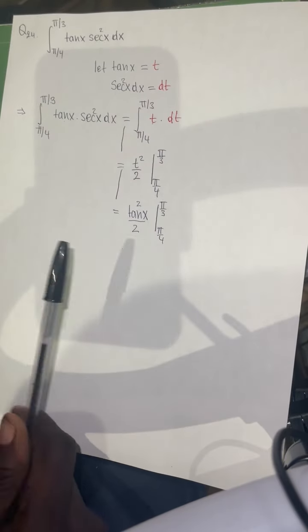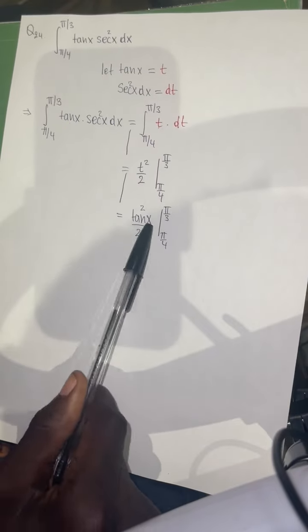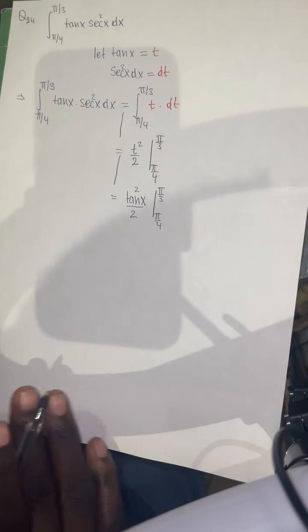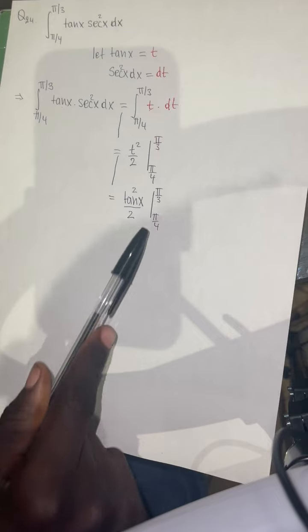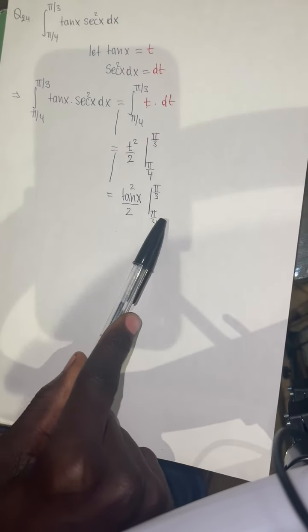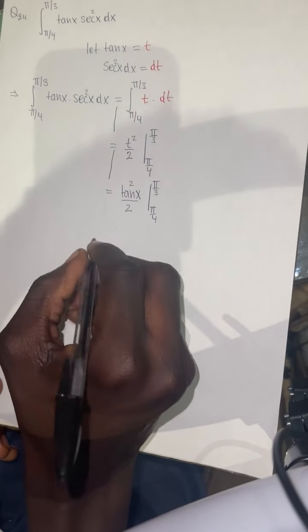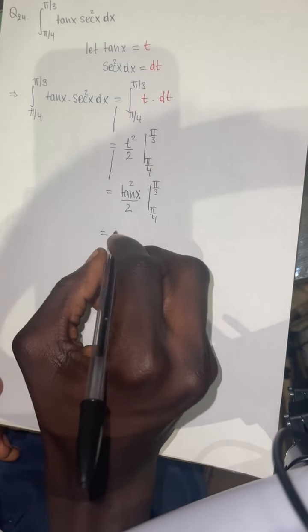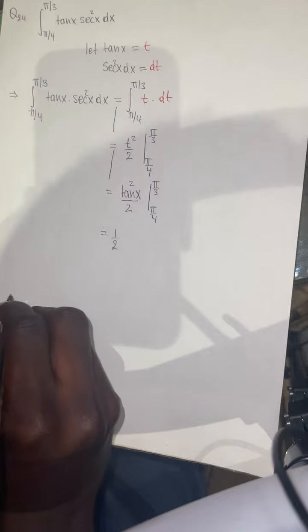So now we're going to substitute this limit where there is x. But remember, we are dealing with the definite integration. So it's upper limit minus lower limit. So what we're going to have? We're going to have 1 over 2, I can factorize it.